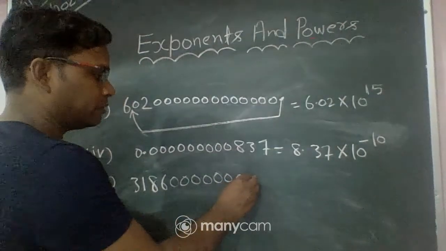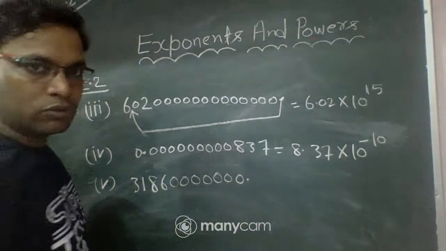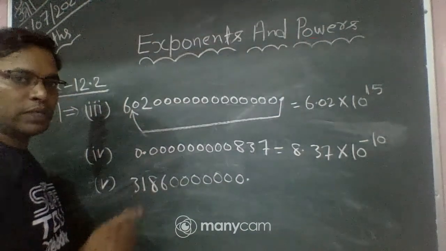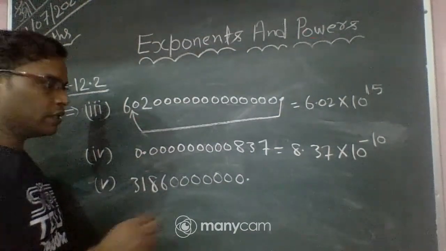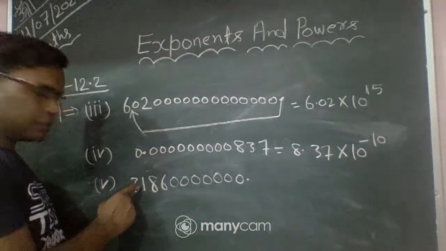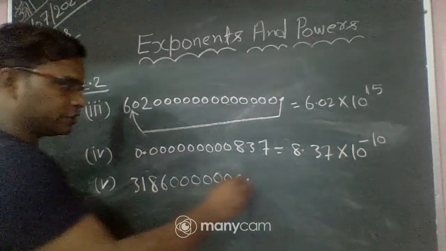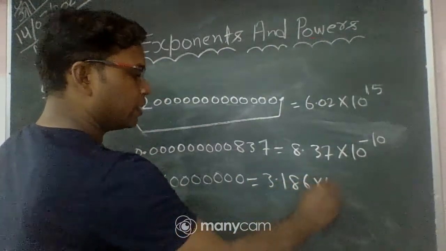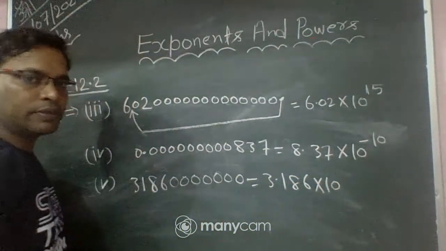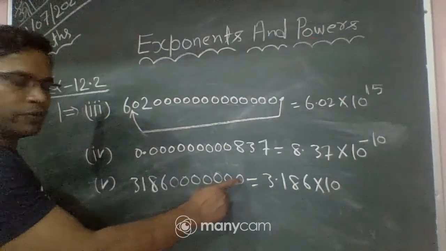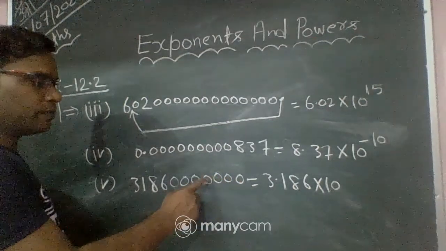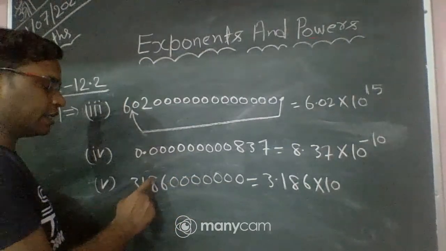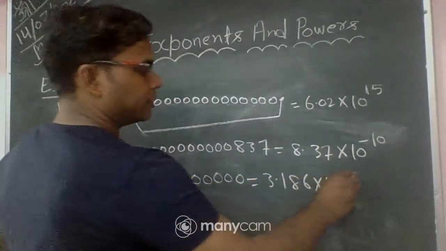The decimal point moves to the left until one digit is left. So this is equal to 3.186 into, how many places does the decimal move? 1 2 3 4 5 6 7 8 9 10. 10 power minus 10.